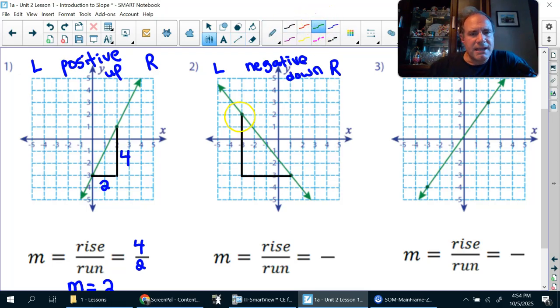Since I went down, I go 1, 2, 3, 4, 5. Down is -5. 1, 2, 3, 4. To the right is +4. So this is a negative slope. It's -5/4, and you leave it that way.